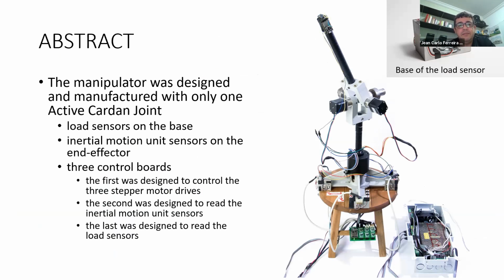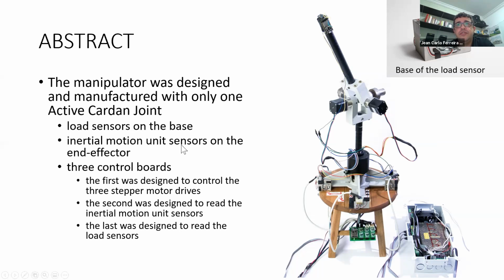Well, the manipulator was designed and manufactured with only one active cardan joint, all right? And it was built with load sensors on the base here. And this is the picture of the base with the load sensor, okay?